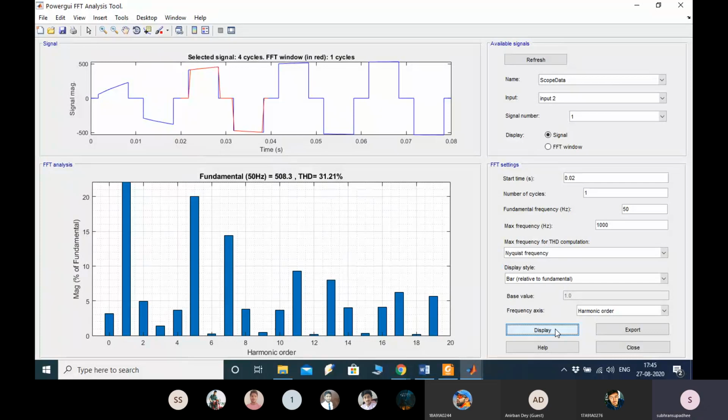Due to the presence of a non-linear device, it extracts a non-linear current from the source, as shown over here.